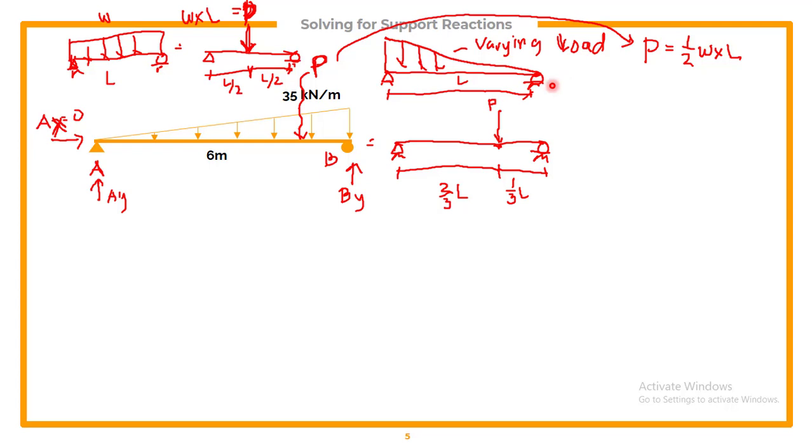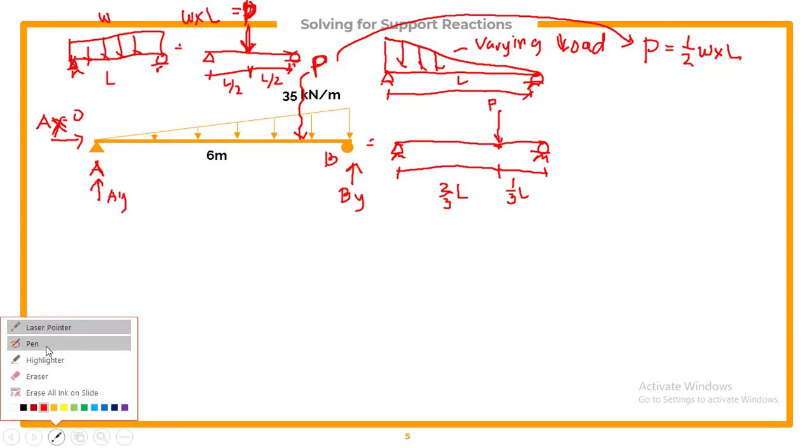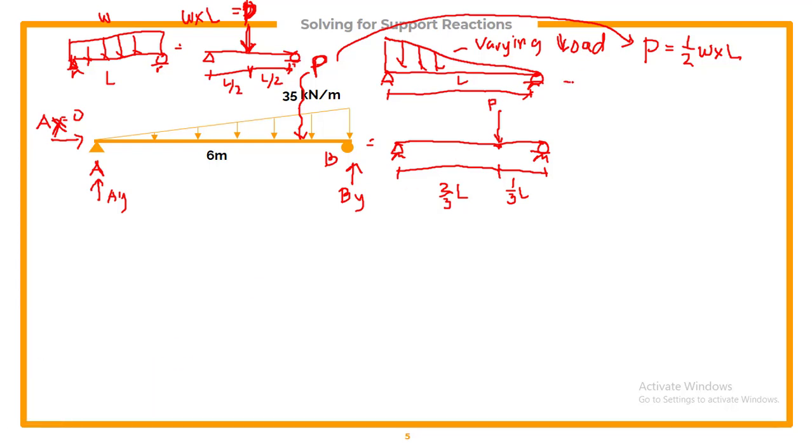If this is the case, the point load will be here. Same goes true, guys, remember: wherever the load is bigger, the point load should be closer to it. So this is just the reverse of this one. This is 1/3 of L, and this is 2/3 of L.